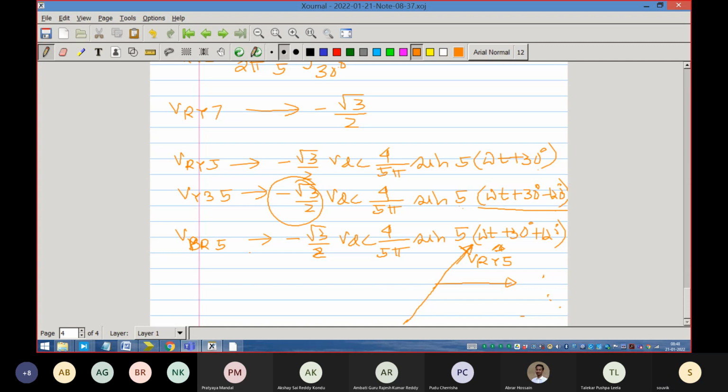Oh, sorry. This is plus 150 degree. Yeah, it is plus 150 degrees here, and then reverse. Reverse is here.